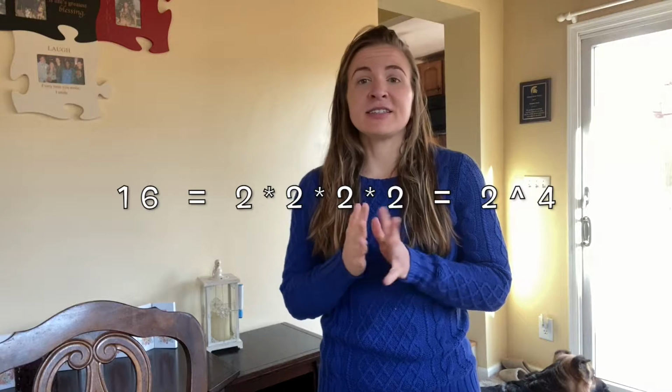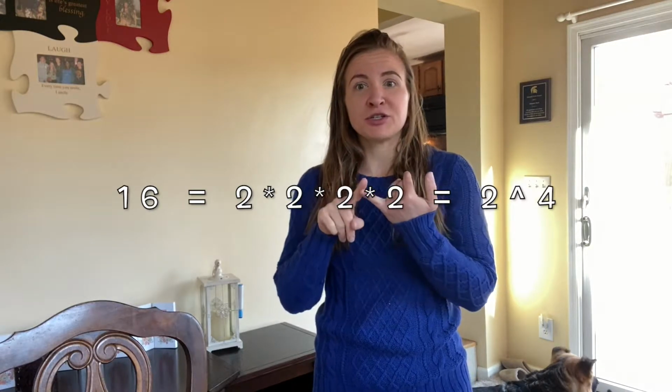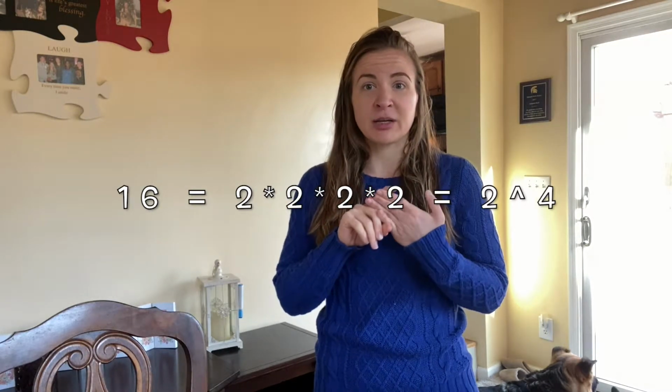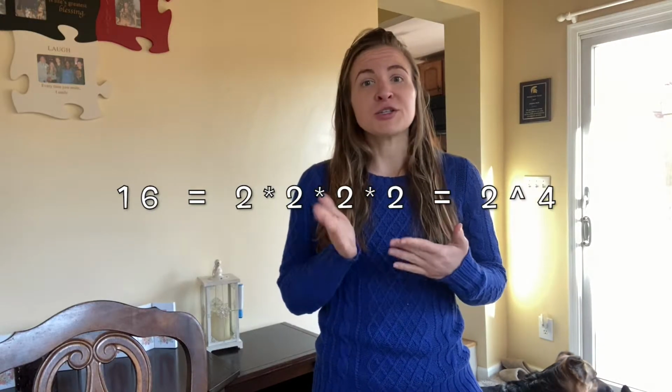Also, remember how to rewrite numbers using their prime factors. We talked about that before with birthday cake. And some of you like to use the factor trees, which is fine. So for example, say 16. 16 can be broken up into 2 times 2 times 2 times 2, or 2 to the fourth.